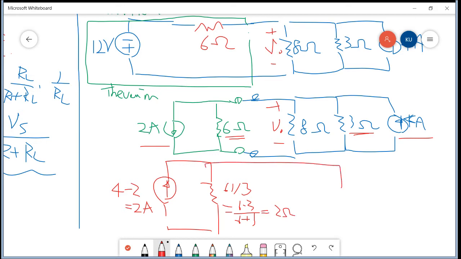and don't forget the 8 ohm VO here. Actually, you can regard them as parallel resistors, and then you can further simplify it. But I just keep it because VO is the voltage across the 8 ohm resistor.